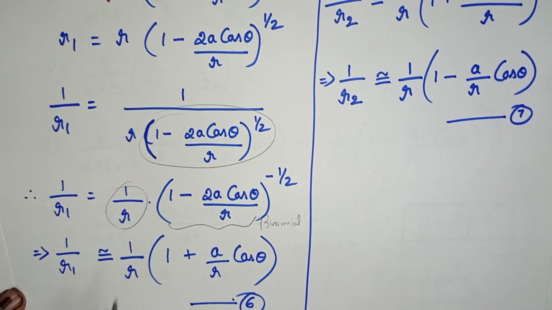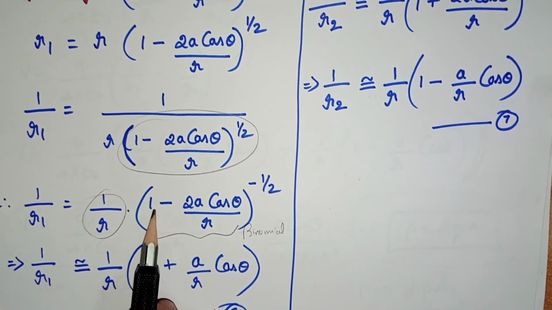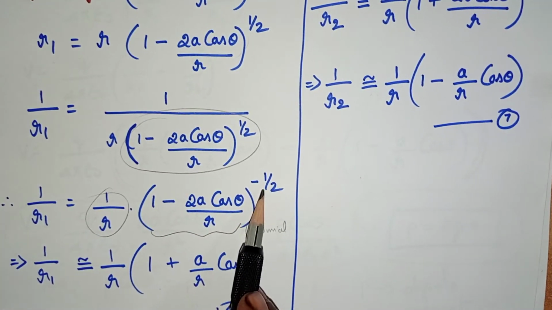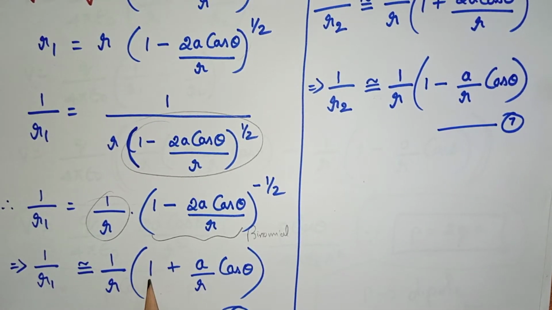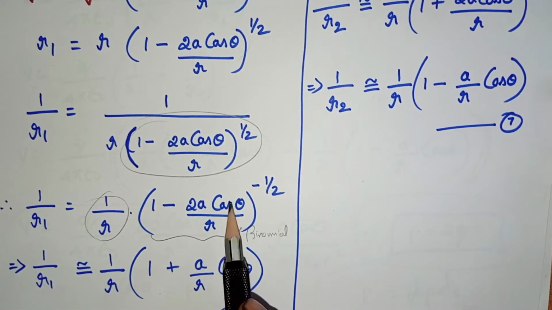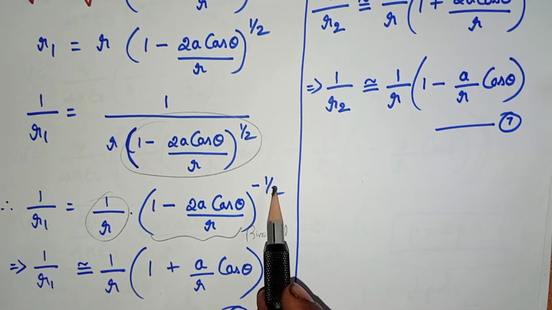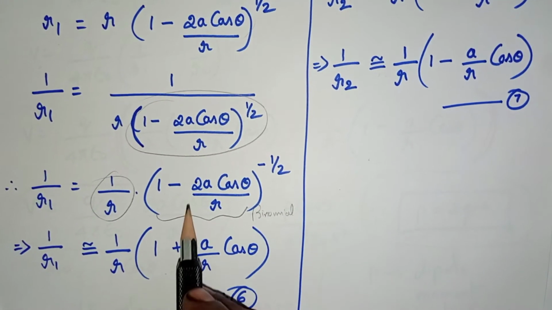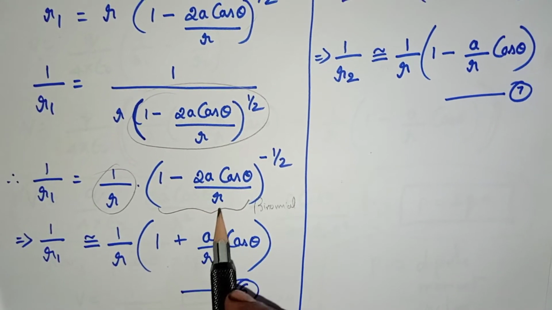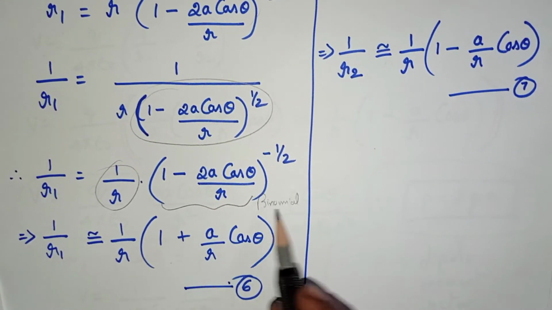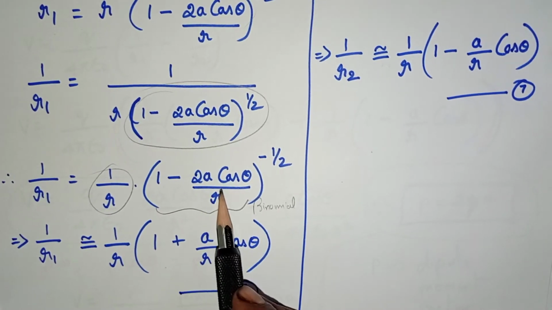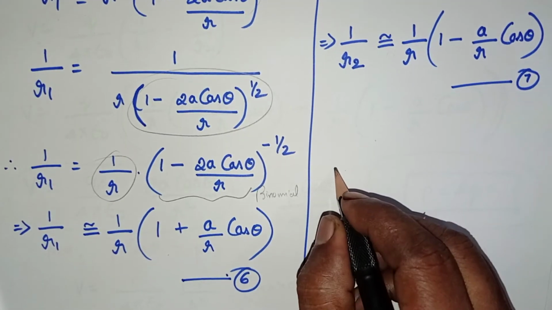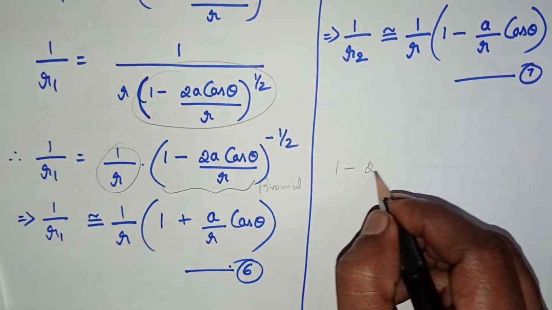So if you consider this as (1 plus minus 2a cos theta by r) the whole power minus half, the first term will be 1 and the next term will be plus, n is minus half, so you will have minus half, and x is minus 2a cos theta by r. This minus gets cancelled, 2 gets cancelled, so you will get a cos theta by r.